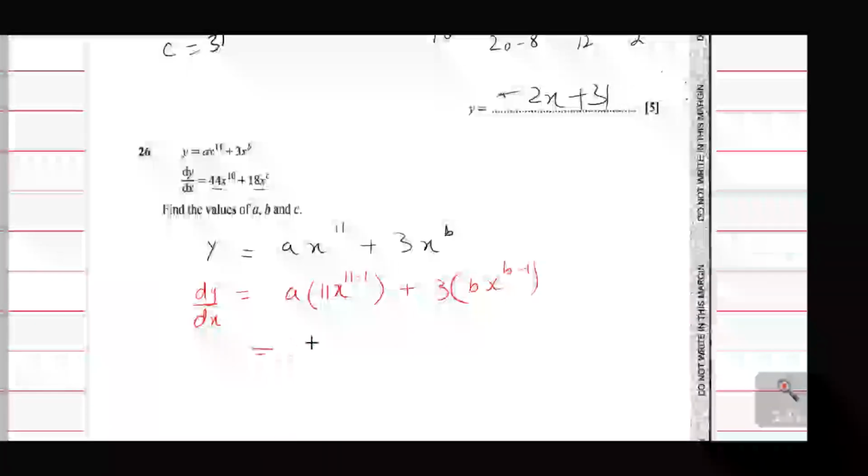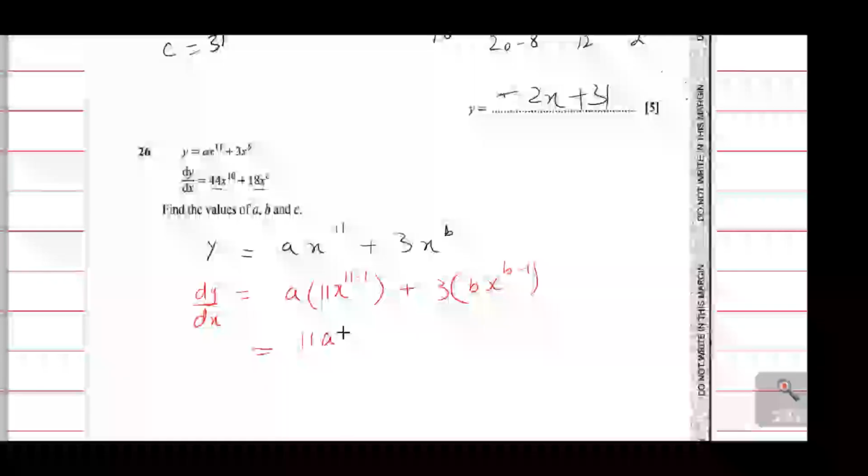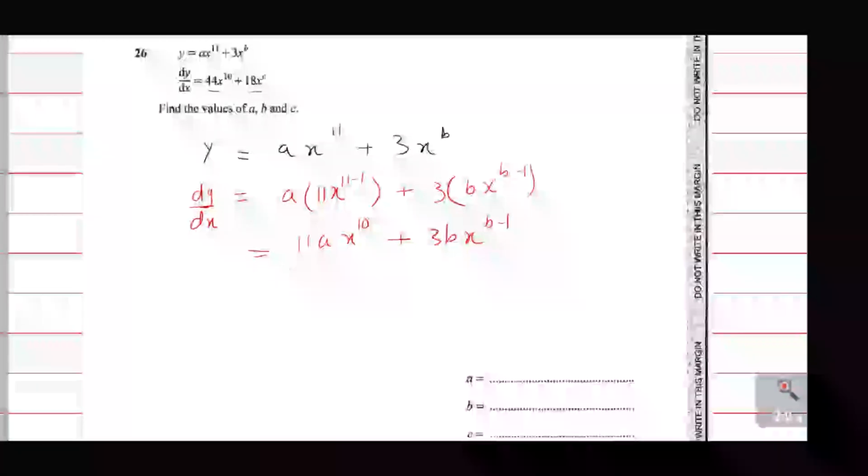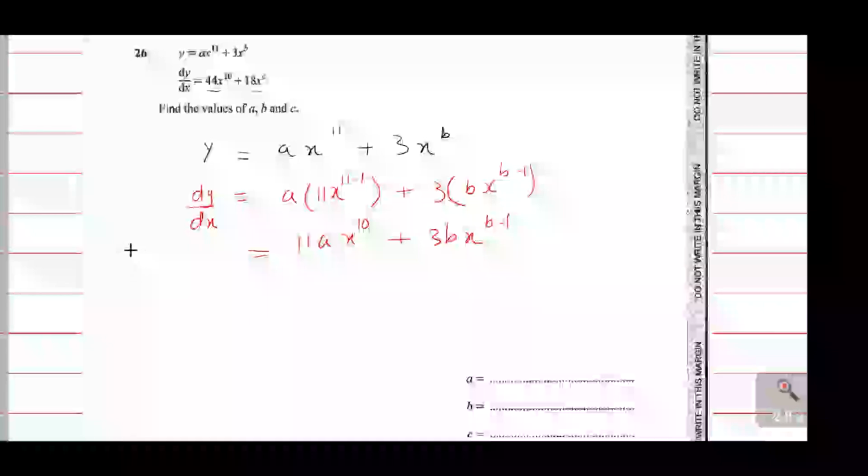We can write this as 11a x^10 plus 3b x^(b minus 1). And this value will be equal to dy/dx, which is 44x^10 plus 18x^c. Therefore, we will compare the x^10 values.